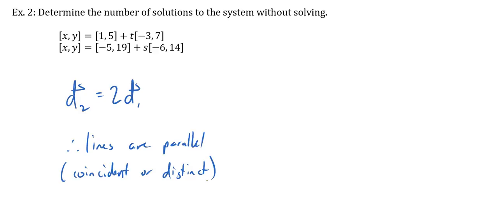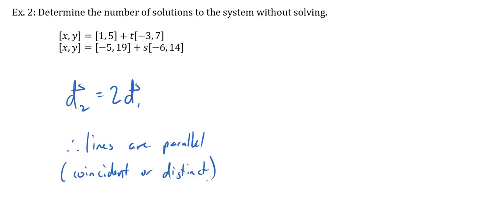Yeah. So if you start at one of the points and use the direction vector, will you eventually end up on the other point? That's very good thinking. But the easier way to think about this is, why don't we take one of those points and check it in the other equation and see if it works out? Because if one of the points is on the other line, which, John, we'll check what you're saying.